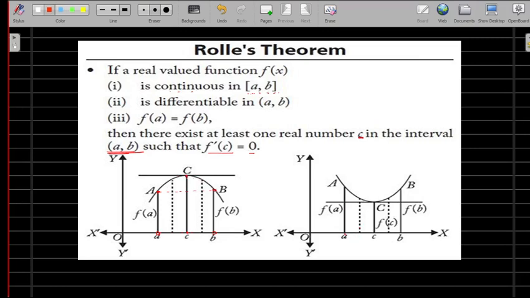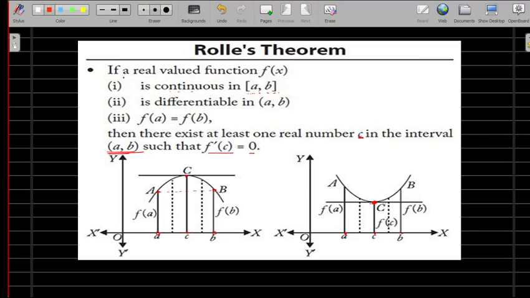From this figure also, this is a, this is b, this is a point c, and here f dash c equals 0. You know f dash c, the first derivative, being 0 means the slope of the tangent is parallel to the x-axis.